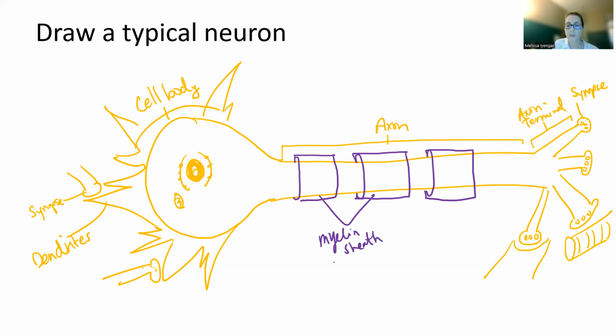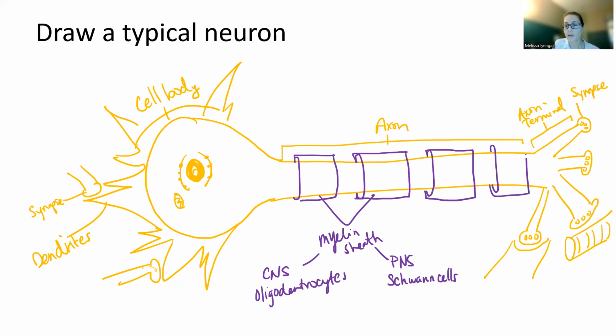Just remember, in the central nervous system, this is oligodendrocytes. In the peripheral nervous system, this is the Schwann cell. And we're going to wrap our whole axon like that in our myelin sheath.